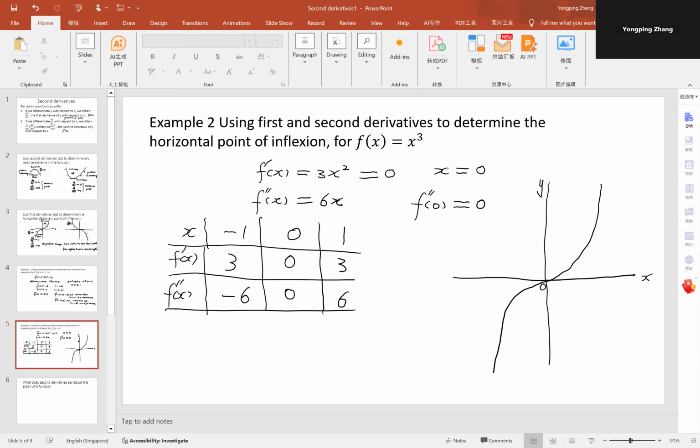This is y equals x cubed. In this part the gradient is positive, and in this part the gradient is positive.